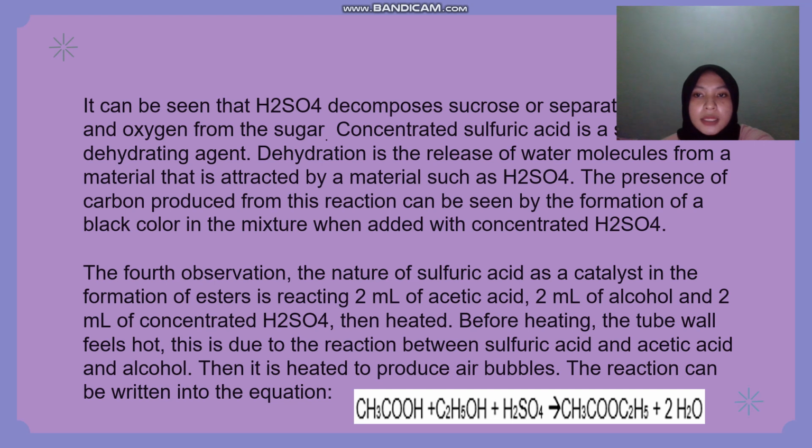Concentrated sulfuric acid is a strong dehydrating agent. Dehydrating is the release of water molecules from a material that is attracted by a material such as sulfuric acid. The presence of carbon product from this reaction can be seen by the formation of a black color in the mixture when it reacts with concentrated sulfuric acid.